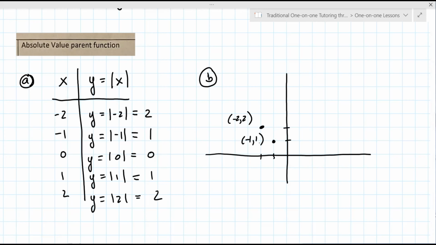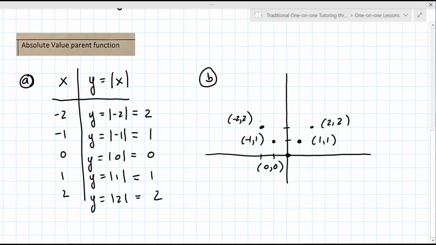All right. Let me just draw a line. We've got to keep going though, so we've got to graph them all here. So 0, 0 is the next one. And then 1, 1. And then 2, 2.